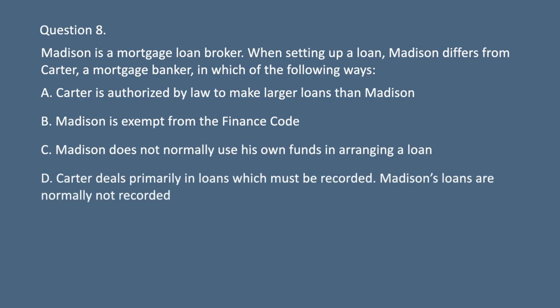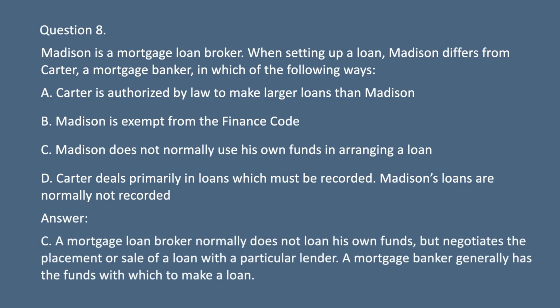D. Carter deals primarily in loans which must be recorded. Madison's loans are normally not recorded. Answer: C. A mortgage loan broker normally does not loan his own funds, but negotiates the placement or sale of a loan with a particular lender. A mortgage banker generally has the funds with which to make a loan.